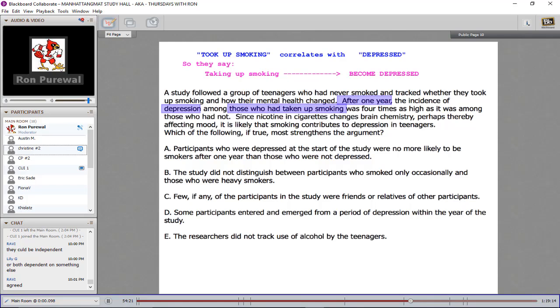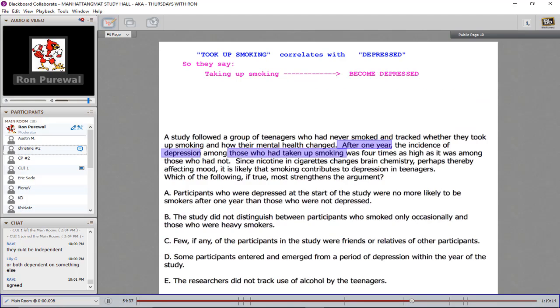One problem here is that it might be backwards. It might be the case that being depressed actually makes people want to smoke. That could be a thing.